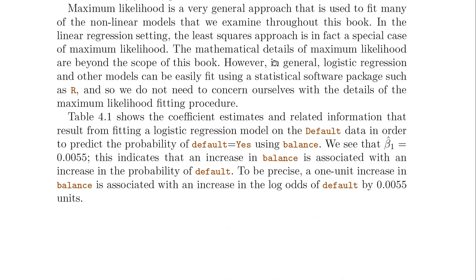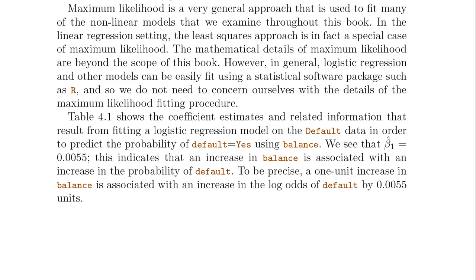The book is saying the mathematical details of maximum likelihood are beyond the scope of this book. However, in general, logistic regression and other models can be easily fit using a statistical software package such as R, and so we do not need to concern ourselves with the details of the maximum likelihood fitting procedure. We can do it at a later stage if I find my own personal notes.